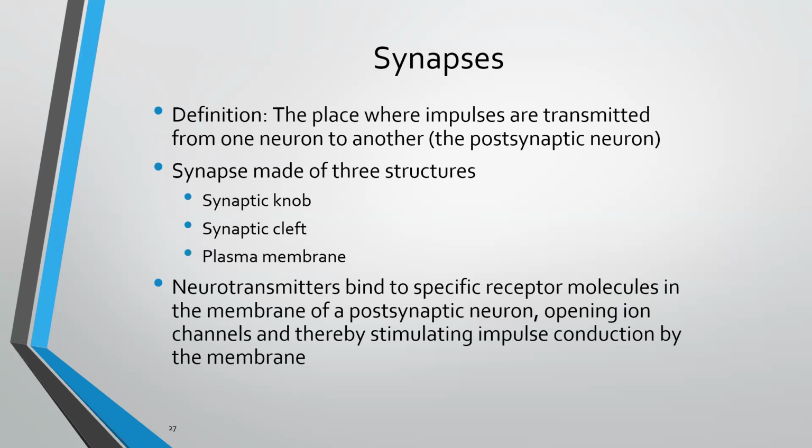Your neurotransmitters bind to specific receptor molecules in the membrane, and it helps to open those ion channels and to create that stimulating impulse by the membrane. So how does a nerve impulse travel from one neuron to another? And that is through the synapse via the neurotransmitter. All right.